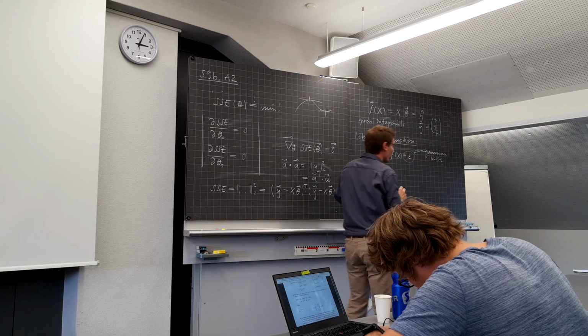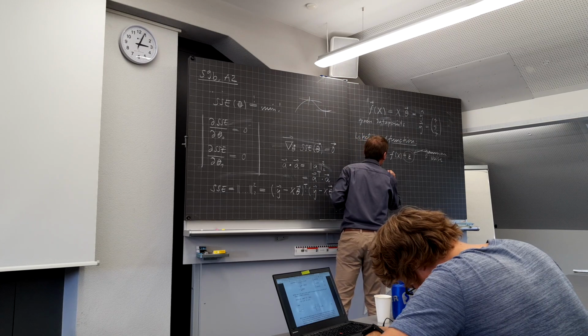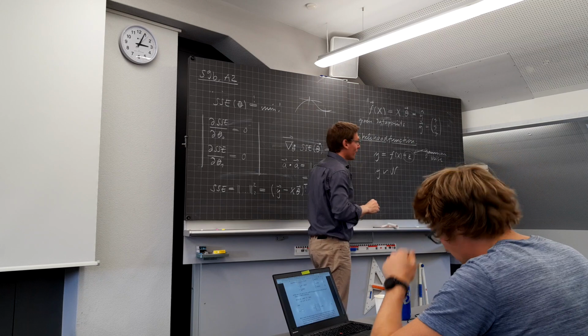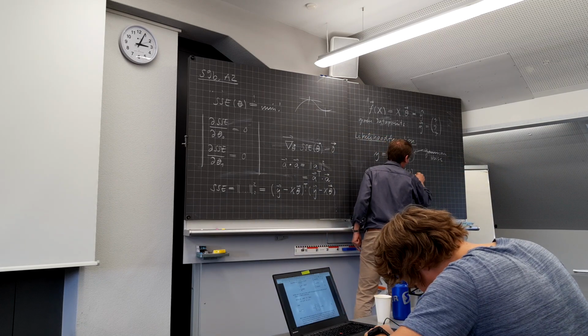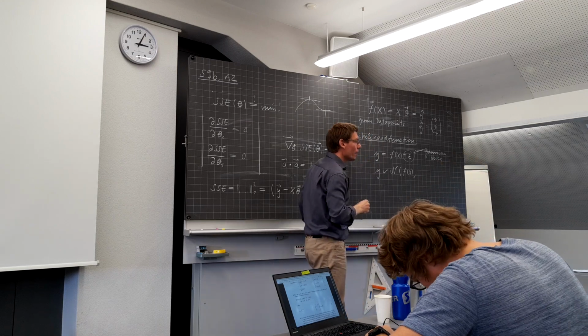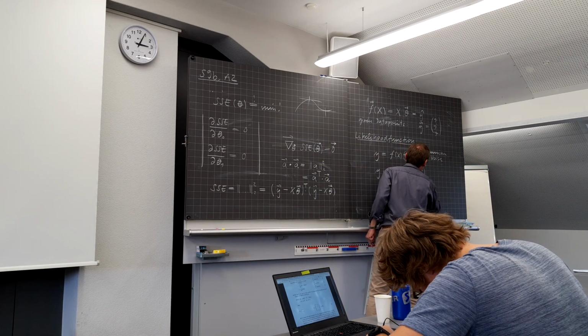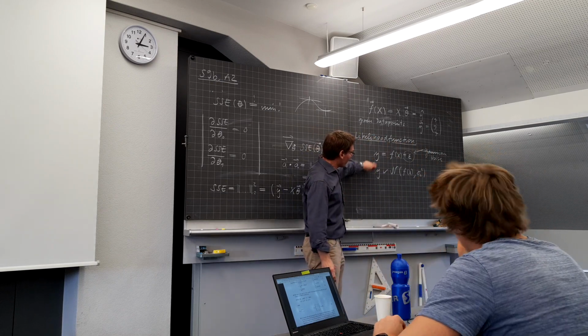The true statistician would say the true y is drawn from a normal distribution centered around f of x. This is now the mean value with a given variance sigma squared.